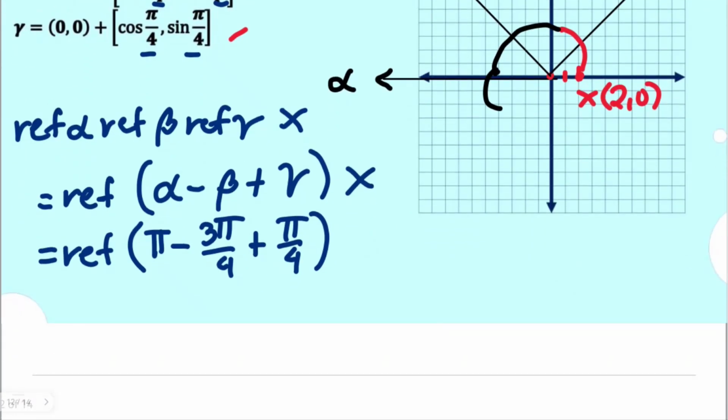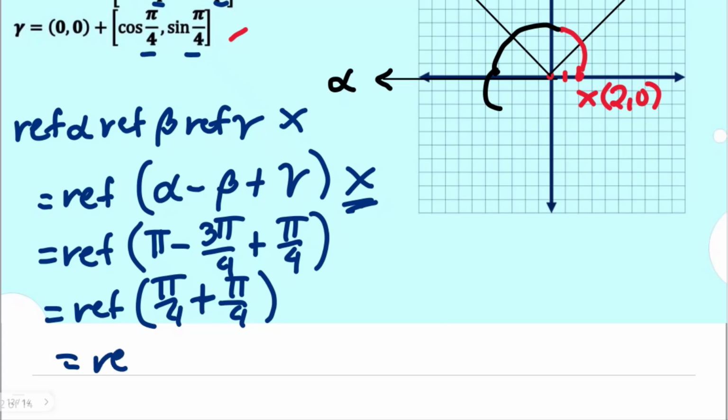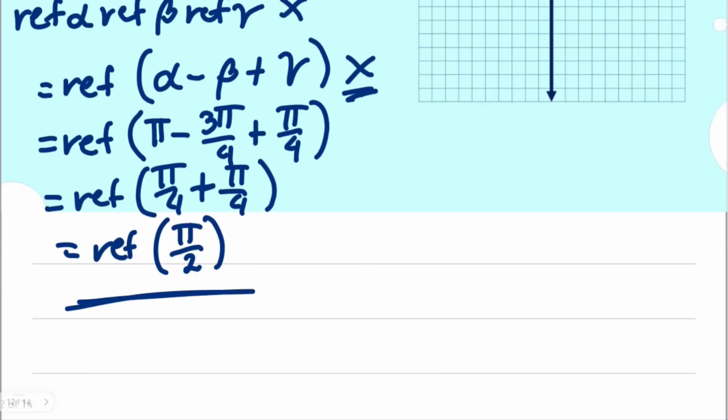Later on, we'll return to x. Just simplify this first. Pi minus 3 pi over 4 is pi over 4, plus another pi over 4. This is the reflection of 2 pi over 4, or pi halves. In short, simply take the reflection of pi halves.